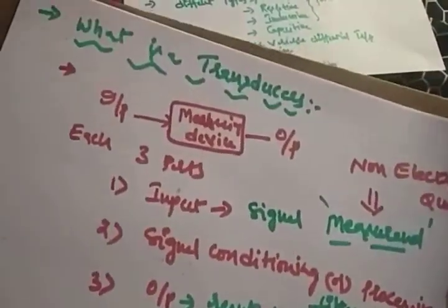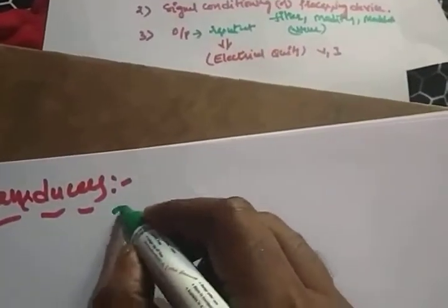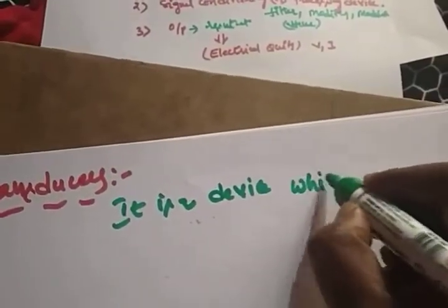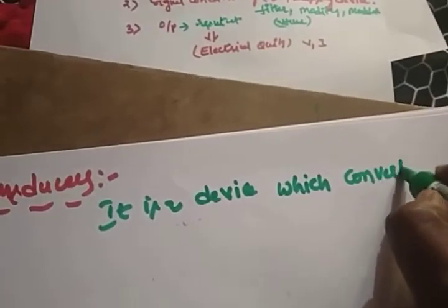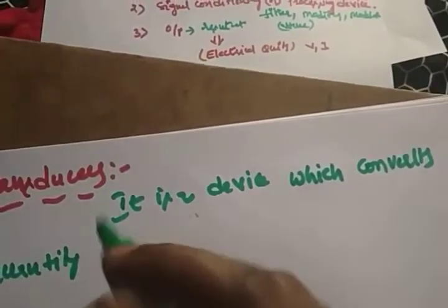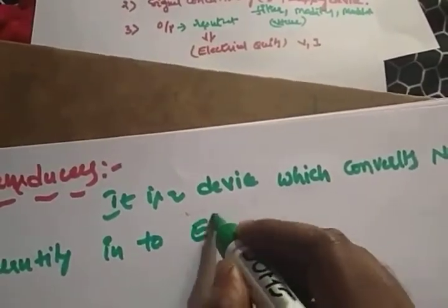I'll write the definition here. Transducer: it is a device which converts non-electrical quantity into electrical quantity.